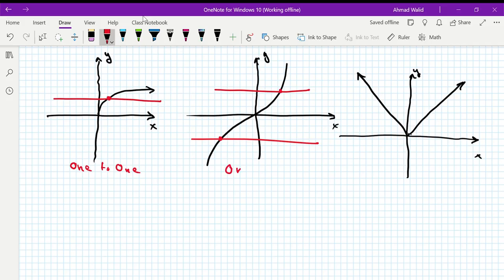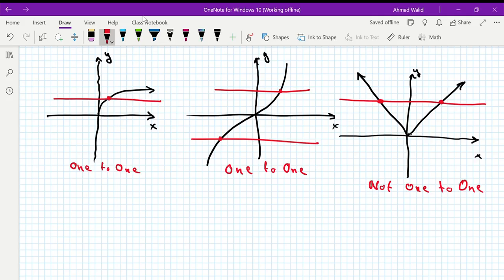We call this graph one-to-one, correct? But look here, if I draw my horizontal line, my line intersects the graph twice, then I will say not one-to-one. Correct? This is one of the tests that you can do to find a one-to-one function.